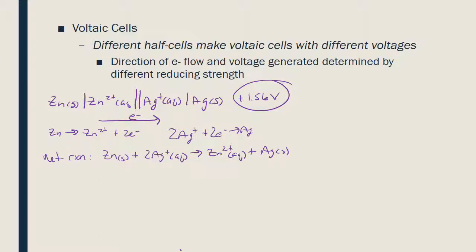Then we could look at, well, if zinc had the capability to reduce copper and it has the ability to reduce silver, what if we put copper and silver together? If you look at the reactivity series, you see that copper is above silver. And so we'd write copper first, and copper would be the oxidized species, so it's at the anode, causing silver to be reduced at the cathode.